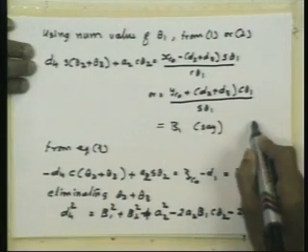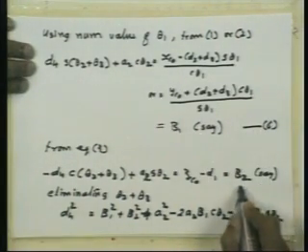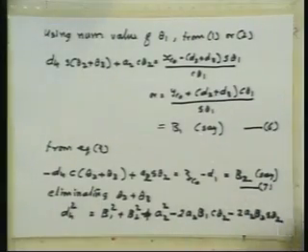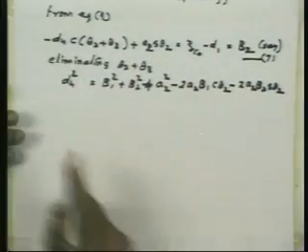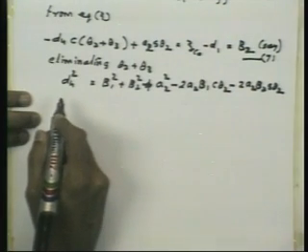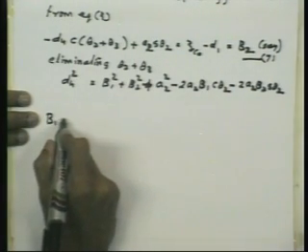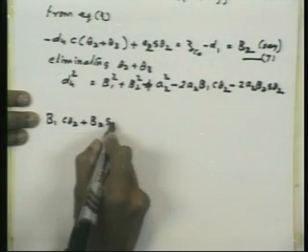Let this expression be 6 and let this be 7, okay. So we get b1 cos theta 2 plus b2 sin theta 2.